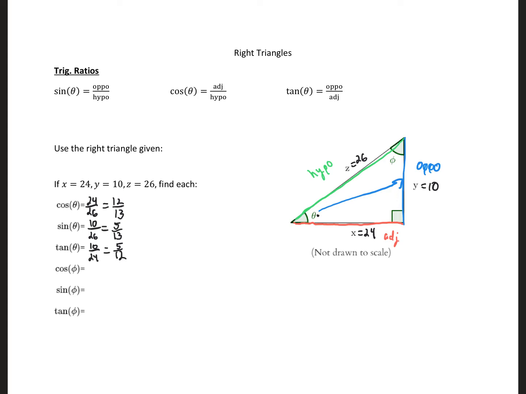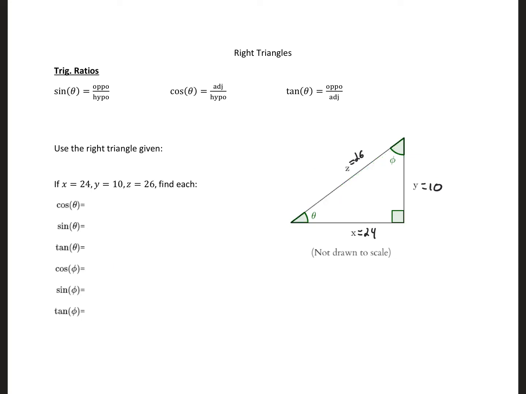So I'm going to clear that drawing out, those side lengths out, because now we're going to move on to that omega angle and see how the ratios change. Okay, so those side lengths, they still don't change. They're still their original values. But now I'm going to use this omega angle. So no matter which angle we're referring to, this hypotenuse side will stay the same.